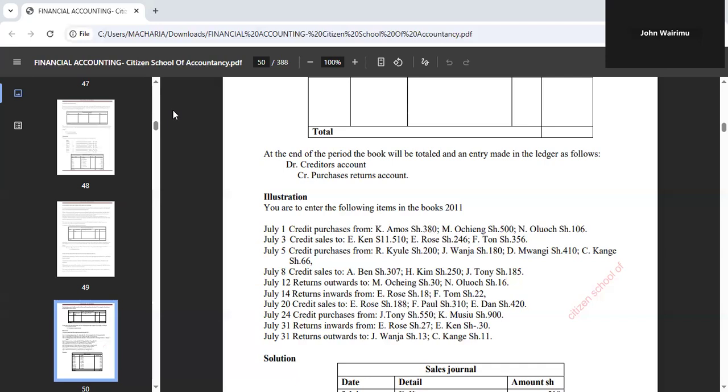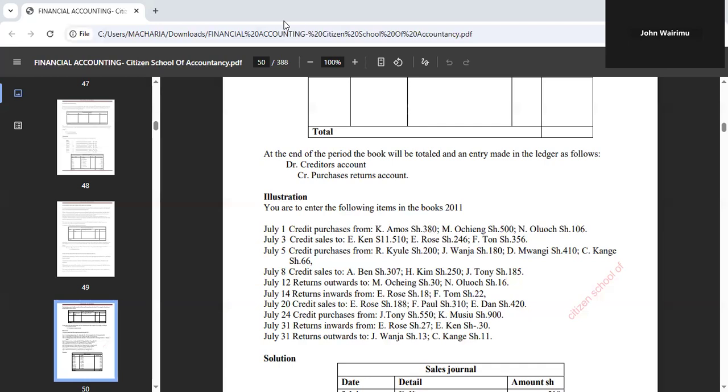Yes, I can see. Ben has posted his total credit sales. Fatima, what do you have as your credit sales? Let's see. Purchases, that 292 as well.